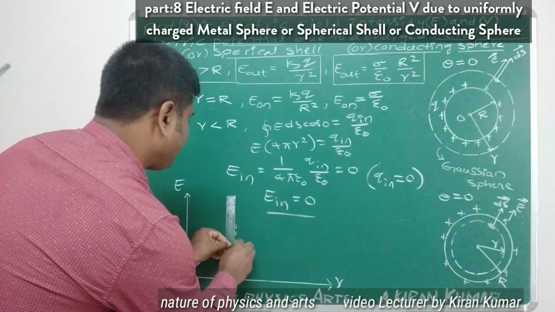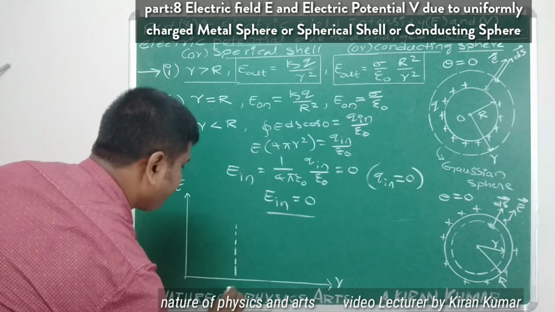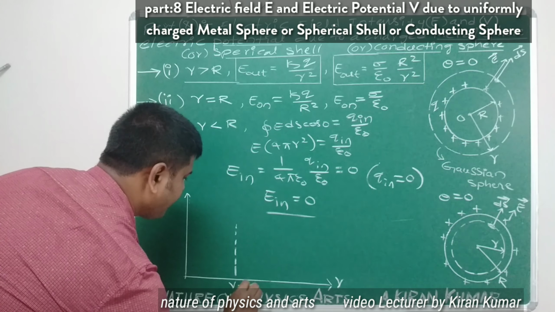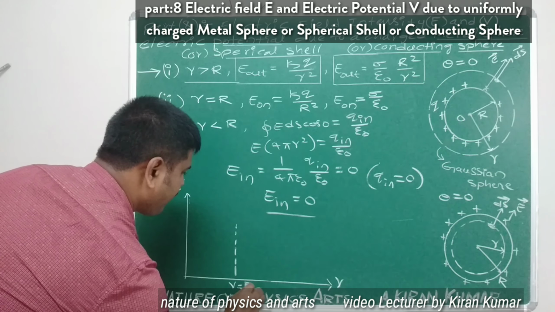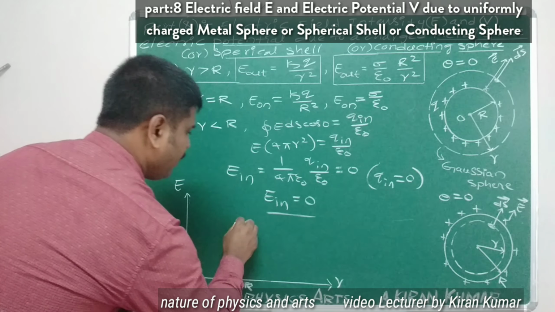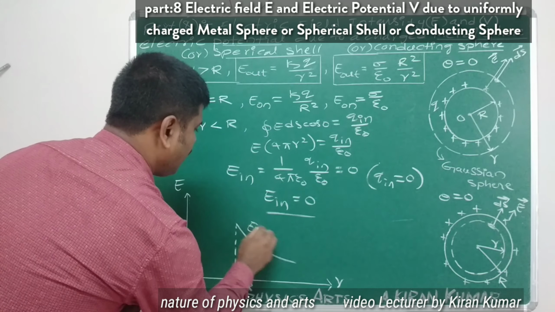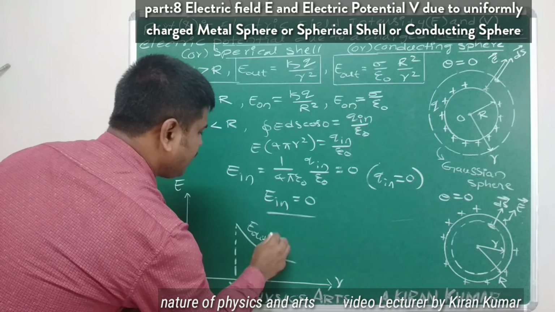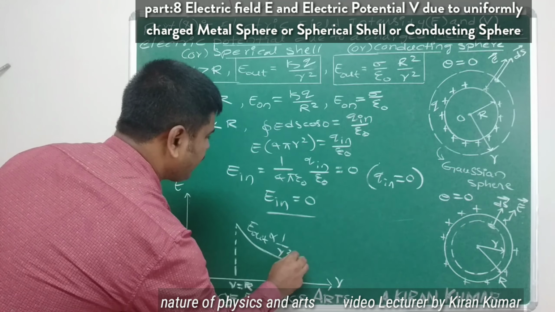This is small r equal to capital R. And here E outside is inversely proportional to r square.